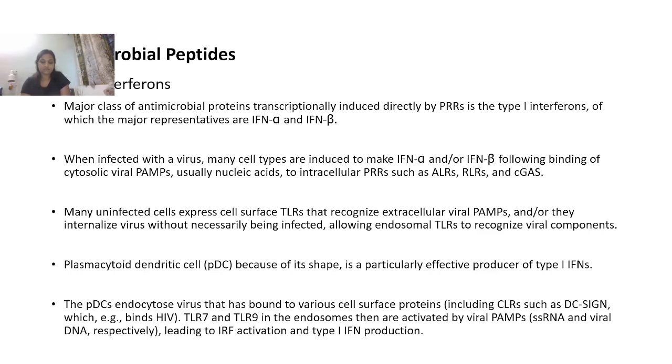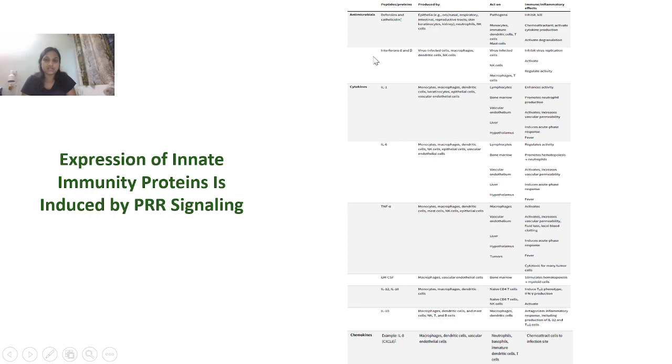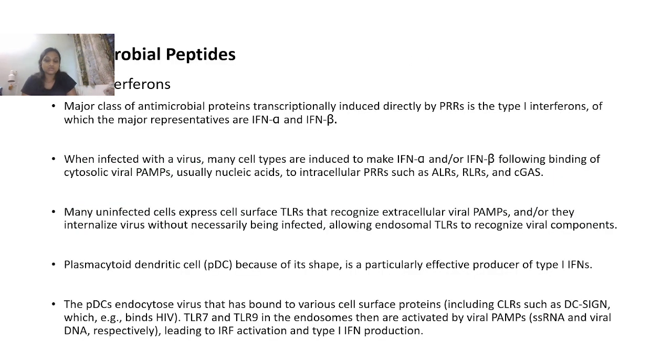Antimicrobial peptides include type 1 interferons, as we have already seen here, interferons alpha and beta. What are the major antimicrobial proteins? The major representatives are IFN alpha and beta, the type 1 interferons, and they are directly transcriptionally induced by pathogen recognition receptors.